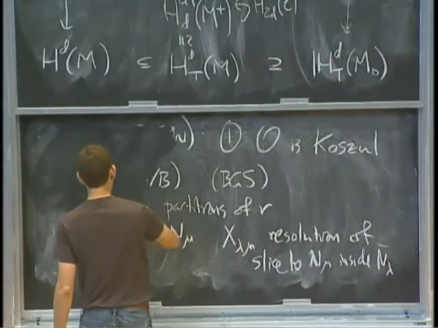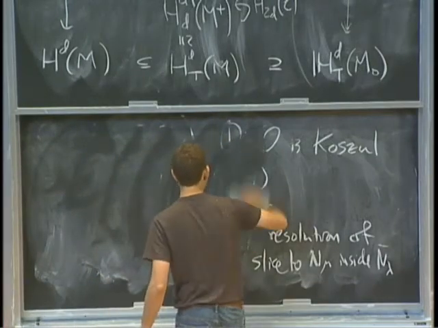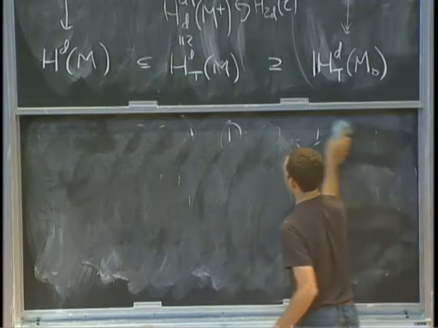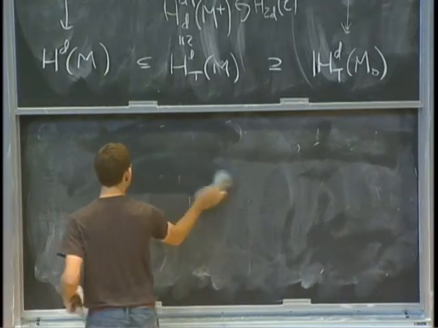So what's the upshot? Let's put everything together that I've written on the board so far and see what kind of cohomological consequences this symplectic duality will have.